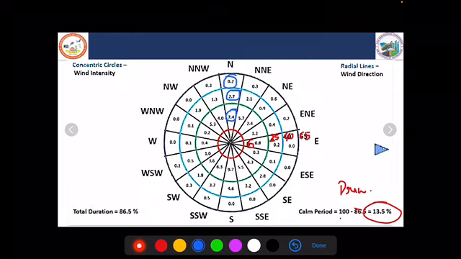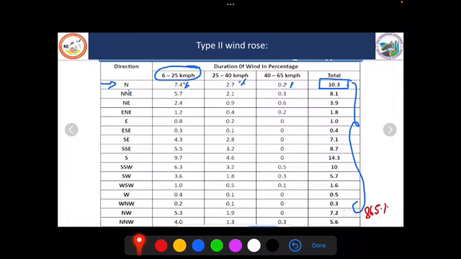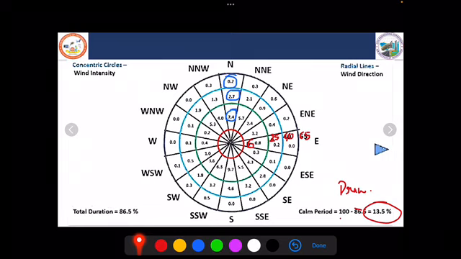Similarly, 40 to 65 kmph wind intensity is represented in the third sector. Likewise, the wind duration has to be written in all the sectors, considering the intensities as given in the data. Clear?